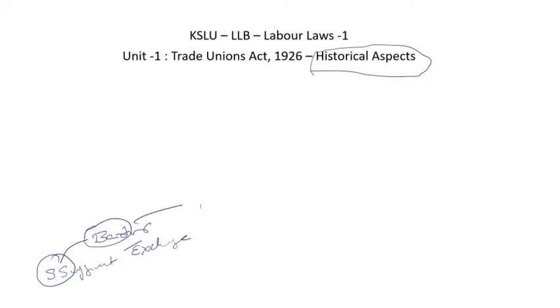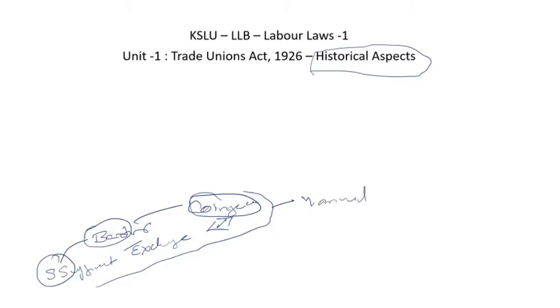Then we got into coinage where people used to sell products for money or cash. In these periods, production was all man-made, manual production. People used to produce and bring it into a marketplace and then sell it. This was not a commercial kind of activity for a large period.